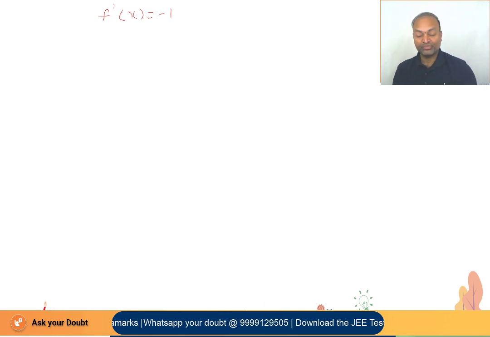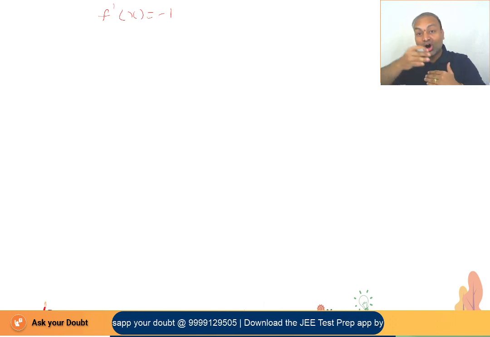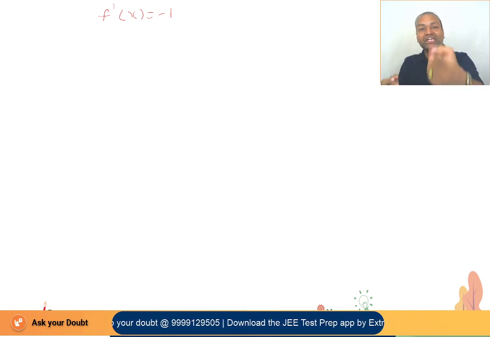Here we got f dash of x is equal to minus 1. Then how to find f of x? How to find f of x? Eliminate the derivative.